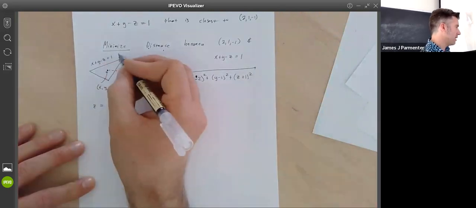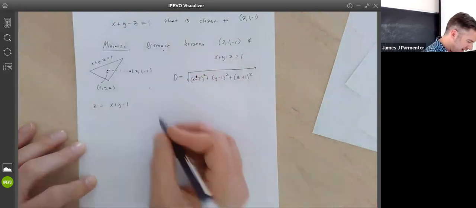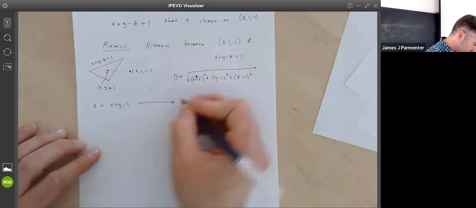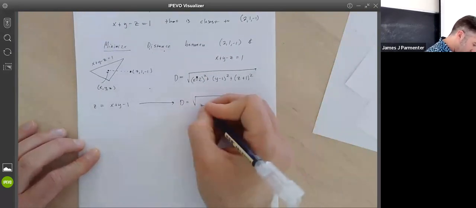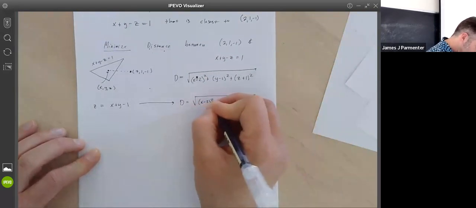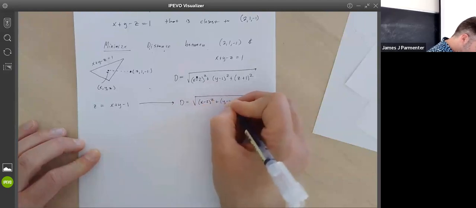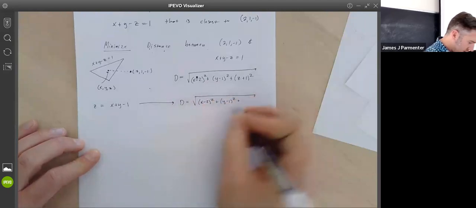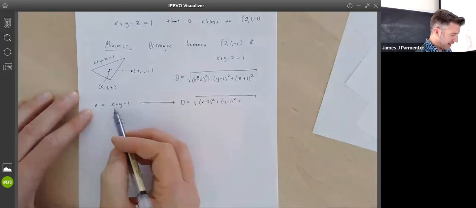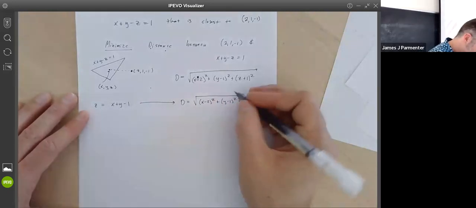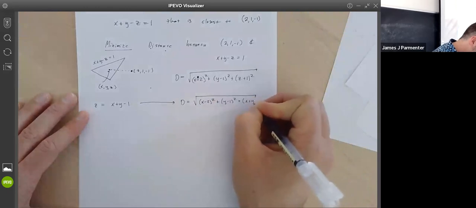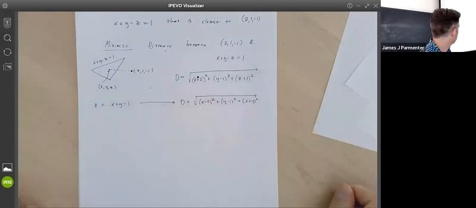I just added z to the right hand side. And then I'm going to plug that in there. So my distance equation is now the square root of x minus 2 squared plus y minus 1 squared plus, let's not write x plus y minus 1 plus 1, let's just write x plus y. Right, because z plus 1 would be that.